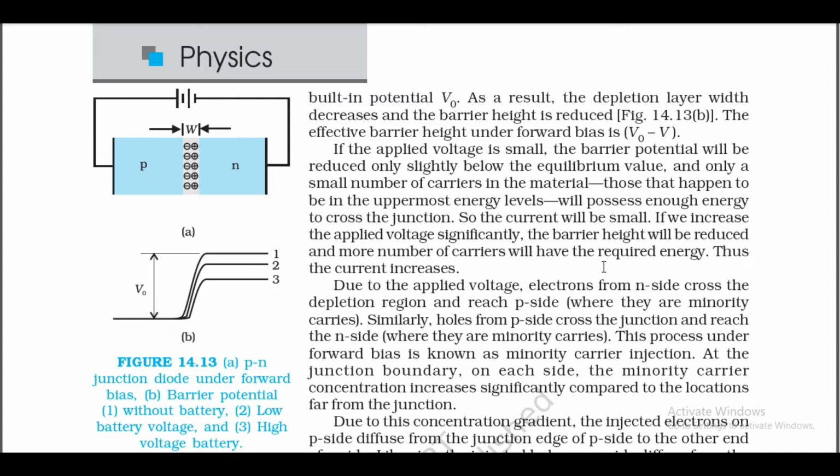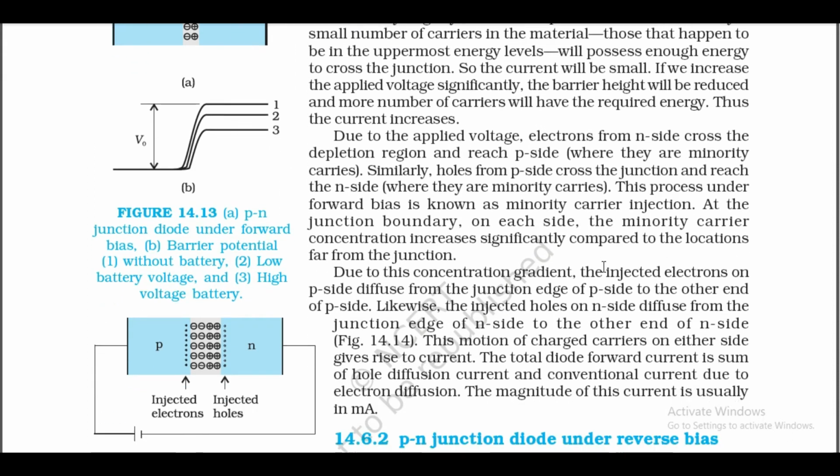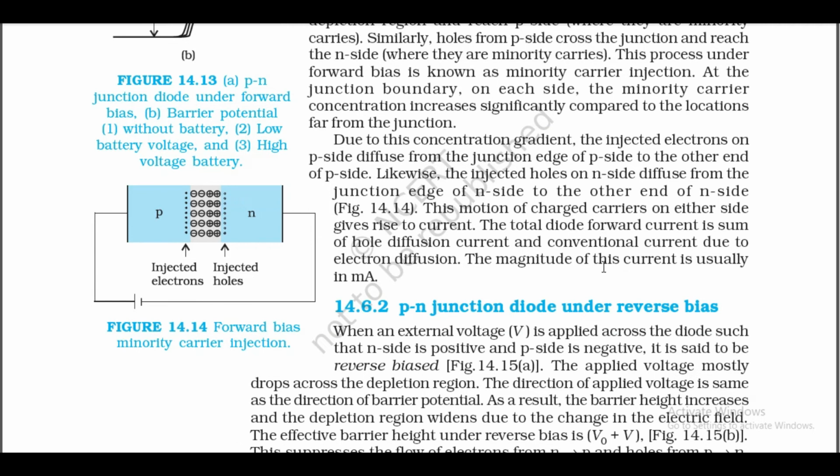At the junction boundary on each side, the minority carrier concentration increases significantly compared to the locations far from the junction. Due to this concentration gradient, the injected electrons on the P side diffuse from the junction edge of the P side to the other end of the P side. Likewise, the injected holes on the N side diffuse from the junction edge of the N side to the other end of the N side.